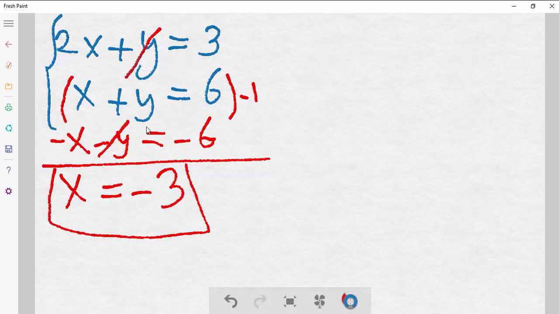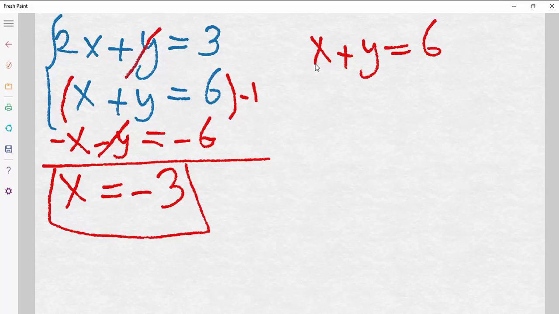Now I need to find y. I use either of these two equations. I use the second one, which is easier to find y. So x plus y equals 6. So if I want to find y, I should say that it's 6, then I move x to the other side, negative x.